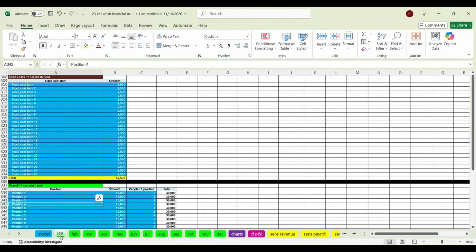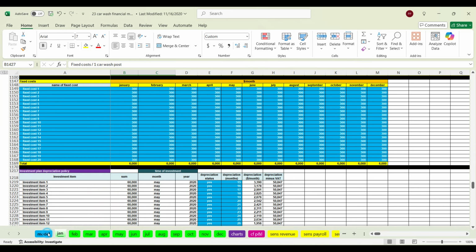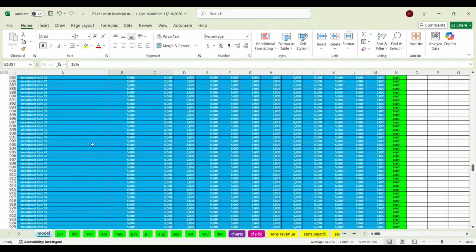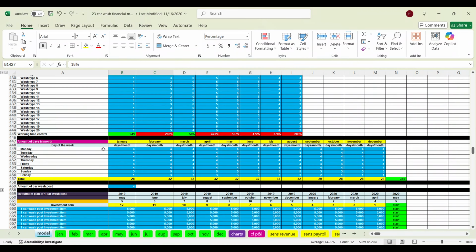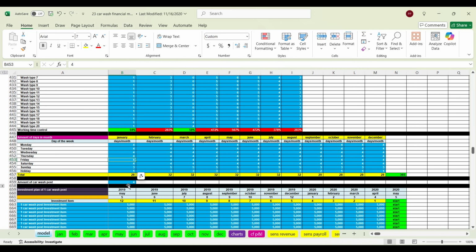So here in these tabs we have fixed costs for one post. Here it is mentioned. Once we specify how many posts we have in our car wash, these expenses are linked to this number.